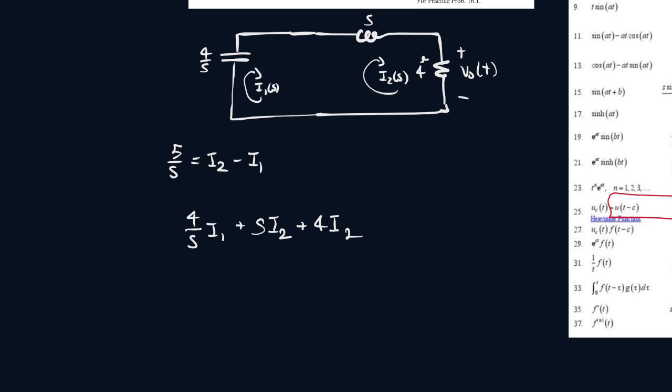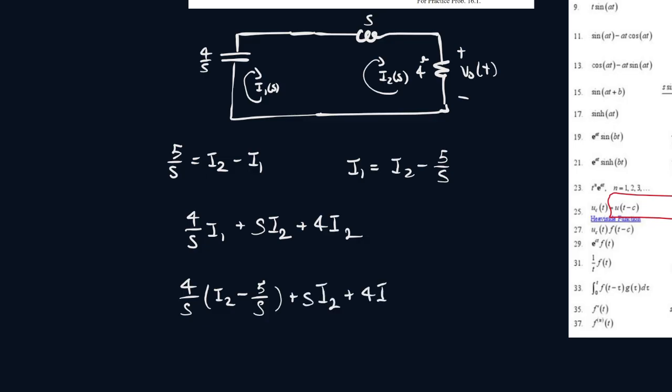Now what I'm going to do is isolate for I1. So I1 will be equal to I2 minus 5 over S. And I'm pretty much going to put that into here. So 4 over S times I2 minus 5 over S, plus S I2 plus 4 I2.